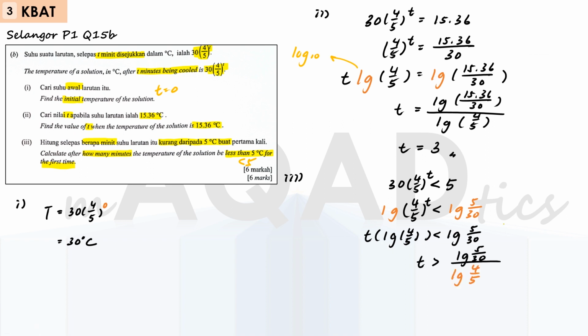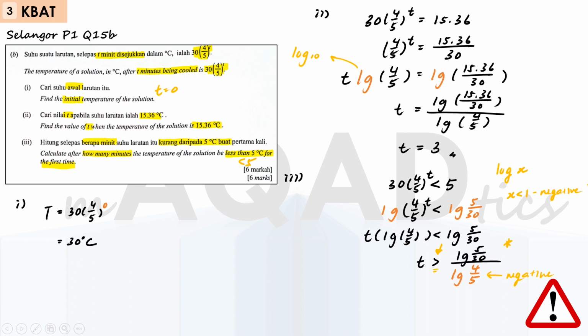Okay, so this one is a very common mistake for students here. Students will forget to change the sign because this value is actually negative. So I have to let you know, for log values, if the value here, let's say x, if it's less than 1, it will be negative.